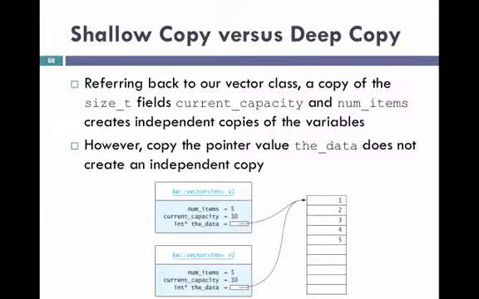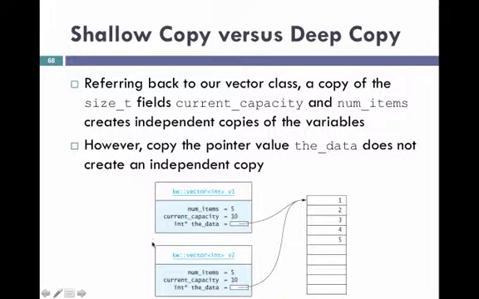Now referring back to our vector class, a copy of the size_t fields, capacity and num_items, creates an independent copy of those variables. However, when we copy an instance of vector, it just makes a copy of the pointer, data, and it doesn't create an independent copy of the array.